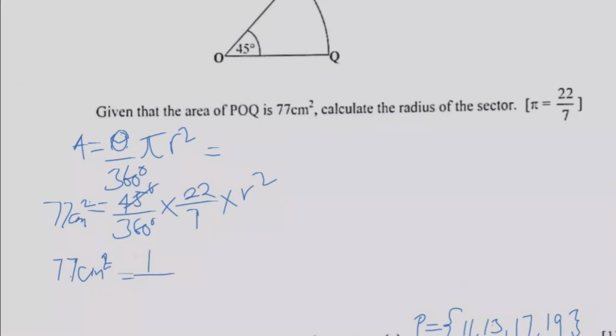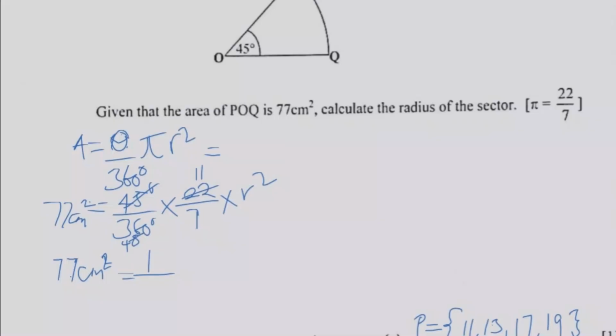Then 45 into 360 goes 8 times. Let me put 8 here because I can further divide it with the 22. So 2 into 8 goes 4 times. 2 into 22 goes 11 times.